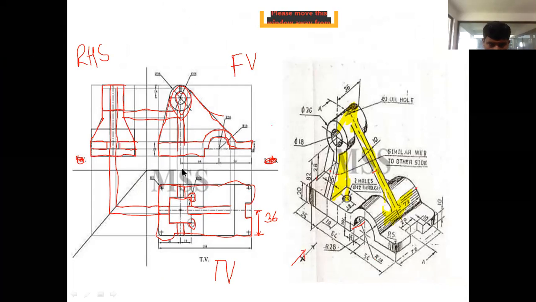These lines will be projected on the right hand side. Whatever yellow color you are seeing will be seen as the left hand side view.